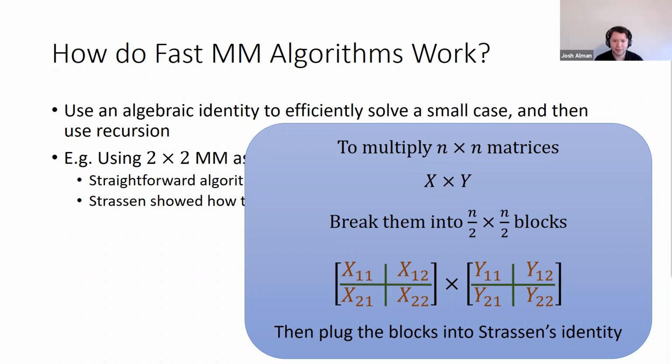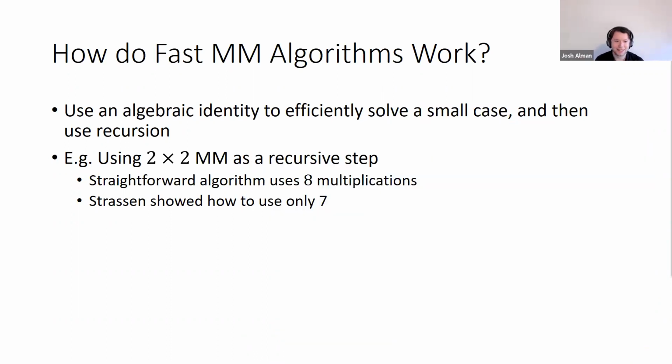It does a lot more additions and subtractions of these n over 2 by n over 2 matrices than the straightforward algorithm. But fortunately, it's very easy to add and subtract matrices. It takes just n squared time to do that. So really the slow step in the recurrence ends up being the multiplications, and going from 8 to 7 ends up giving a big improvement.